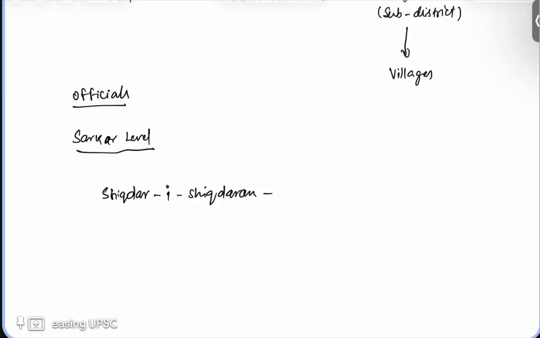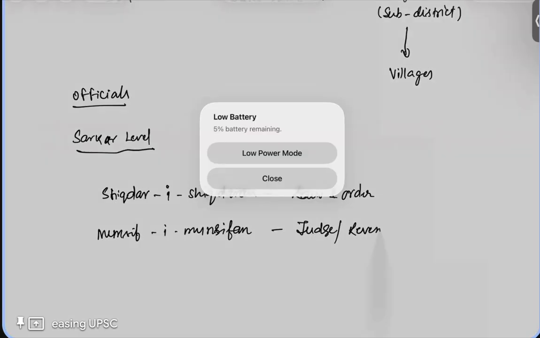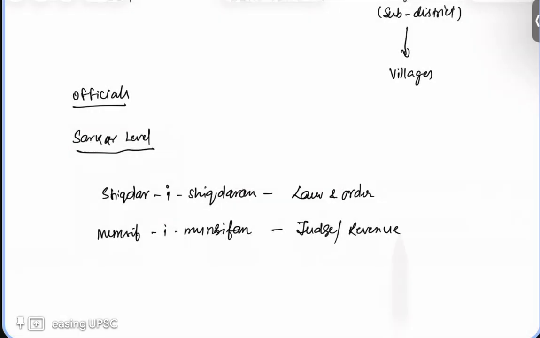Pratiksha: law and order, yes. Munsif-i-Munsifan, for land: judge and revenue.